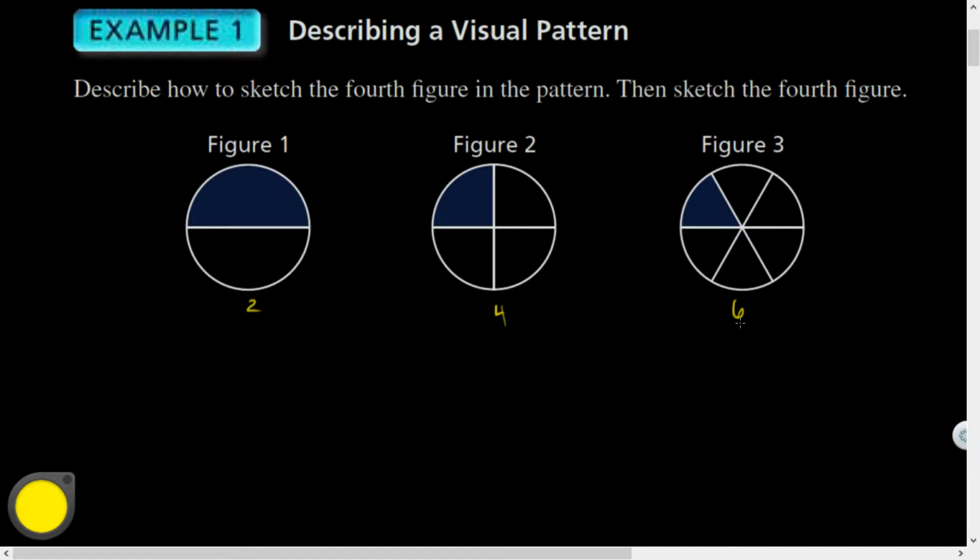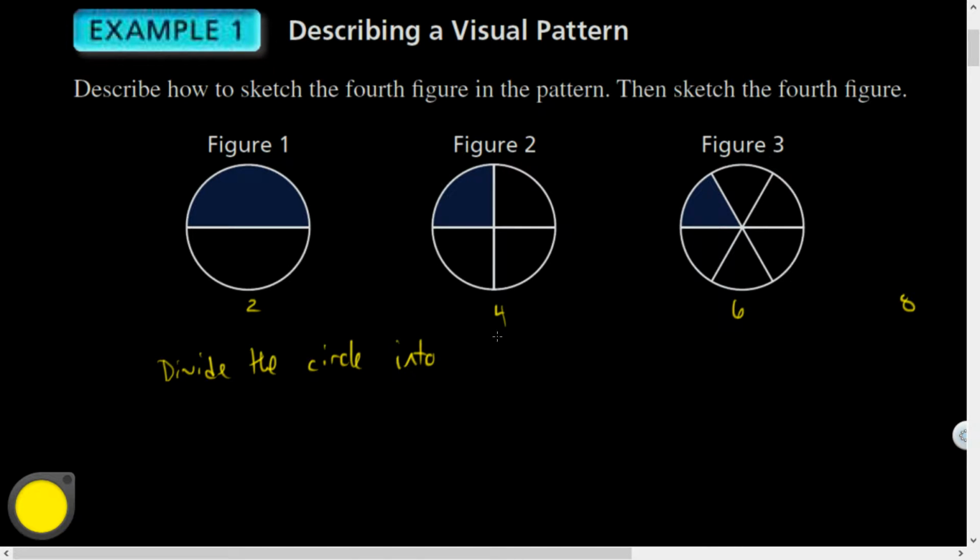Okay, which is valid because I might have expected this to be exponents: 2, 4, 8, 16. So I'm expecting it to be 8. So basically divide the circle into the next even number of parts.